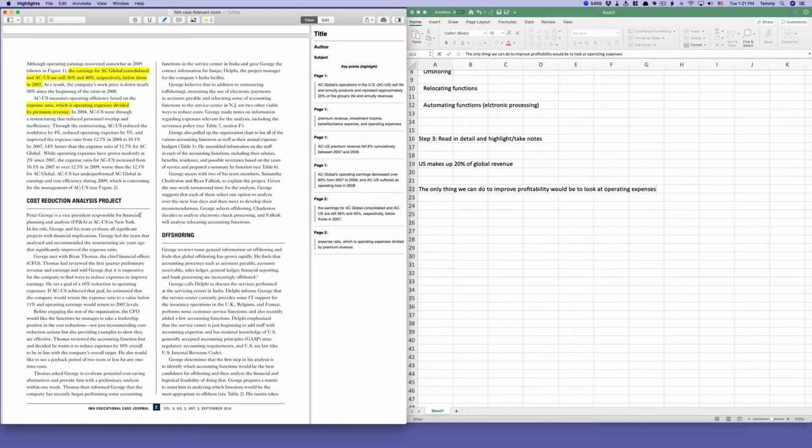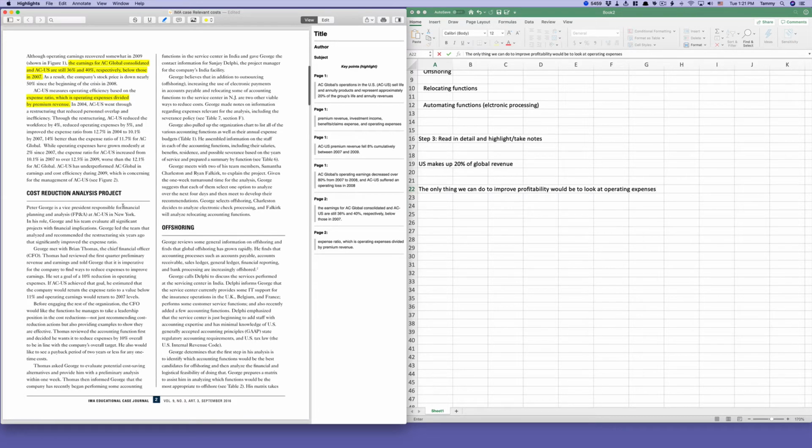Okay, so here we go. Here's the project. So Peter George is a vice president responsible for financial planning and analysis at ACUS in New York. Financial planning and analysis is precisely what you are learning to do in this class, what you will continue to learn to do if you take my upper level finance elective.